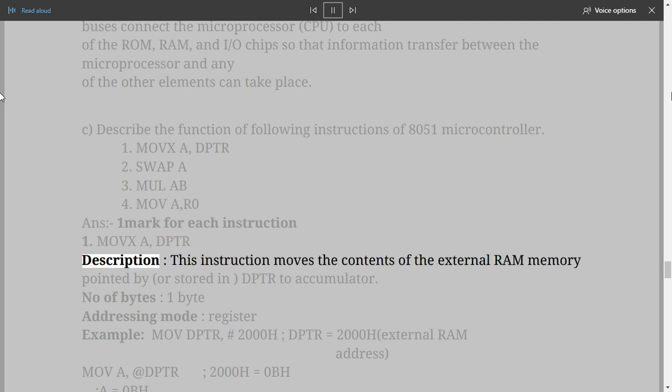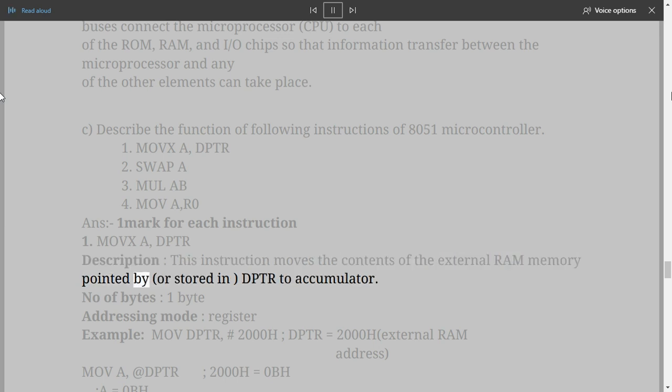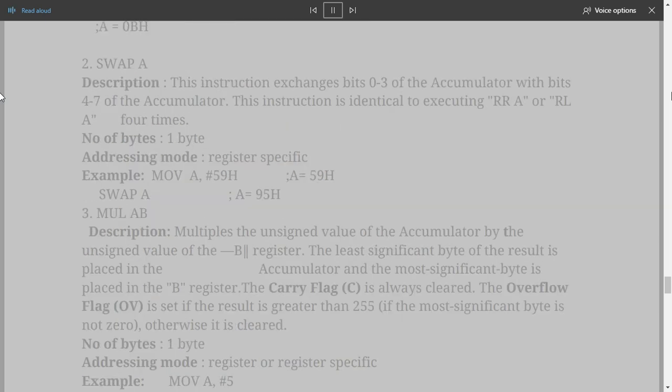Description: this instruction moves the contents of the external RAM memory pointed by, or stored in, DPTR to accumulator. No. of bytes: 1 byte. Addressing mode: register. Example: MOV DPTR, #2000H, DPTR equals 2000H, external RAM address. MOVX A, @DPTR, if 2000H equals 0BH, A equals 0BH.